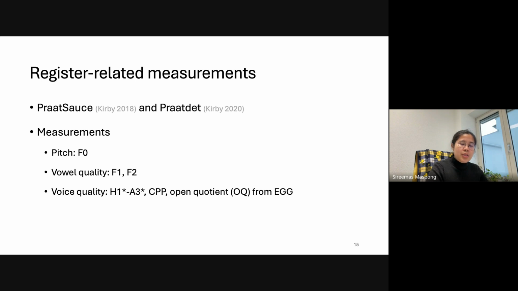Then we measured spectral tilt, specifically H1 minus A3, and cepstral peak prominence from the acoustic signal, and we measured the open quotient, the ratio of the opening and closing of the vocal folds, from the EGG signal. These measures represent voice quality, so three dimensions.